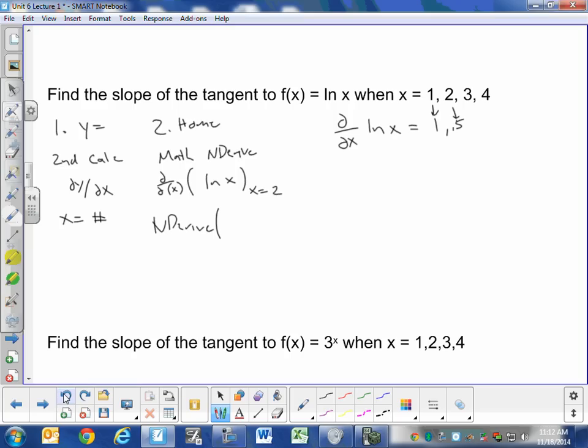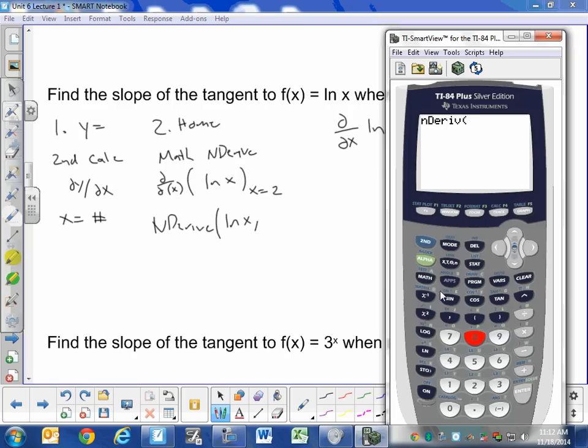So type in log x, whatever your function is. Then you need to tell your calculator which variable you're using with respect to, so you press comma x.